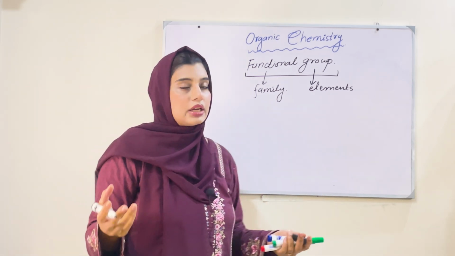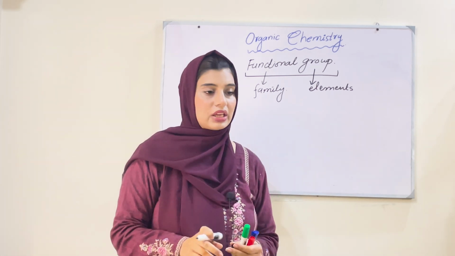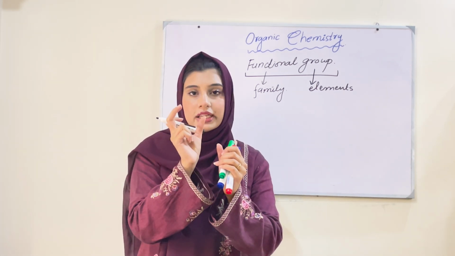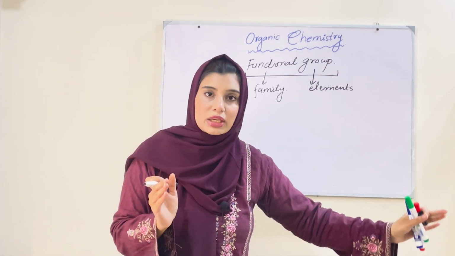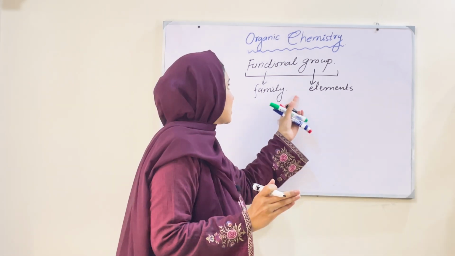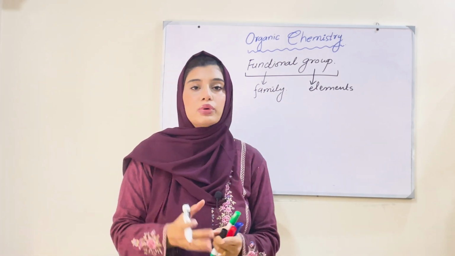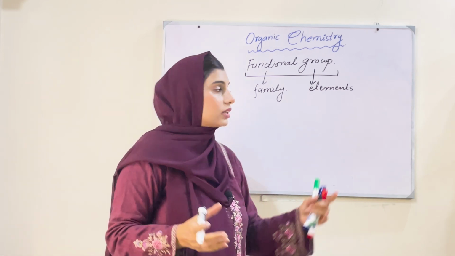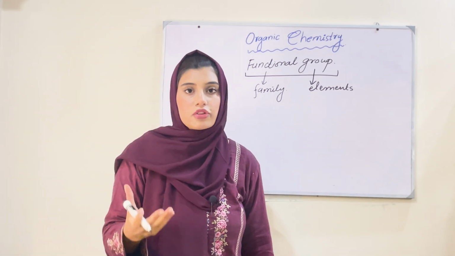For example, if we talk about a family name, we can say Chaudhry's. So Chaudhry's, this one word, is the functional group, and it is representing the whole family of Chaudhry's. Same is the case with the functional group. When we have a family of organic compounds, that will be represented with the functional group, with the group of elements, and that is called functional group.